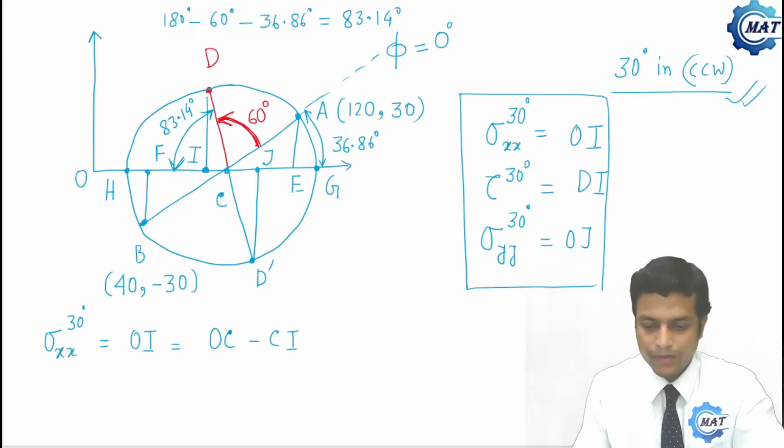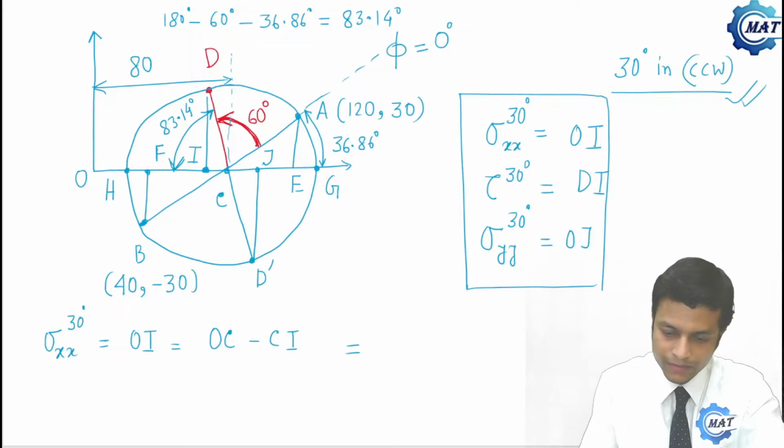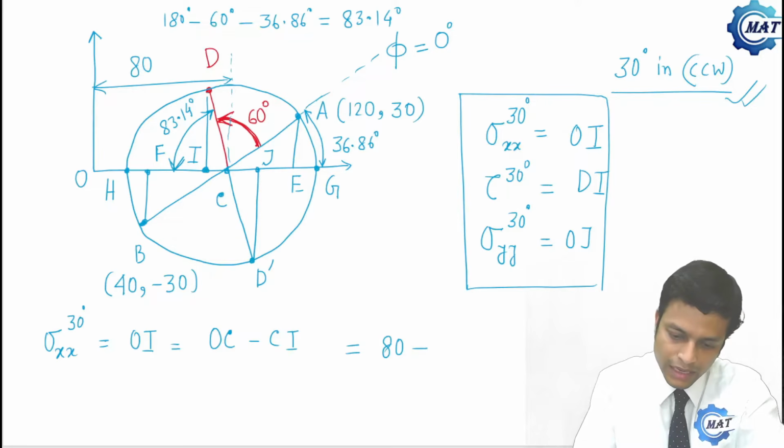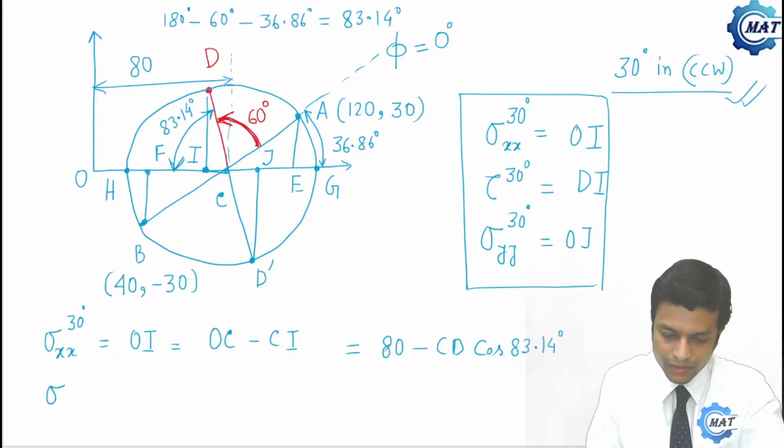So this angle is 83.14 degree. So what is OC? We have determined earlier, that was 80. So 80 minus CI. CI is what? CI is CD cos 83.14 degree. So sigma XX 30 degree becomes 80 minus CD cos 83.14 degree.